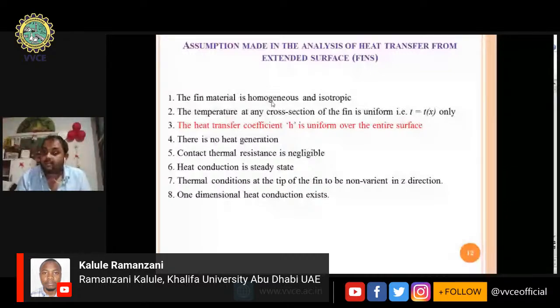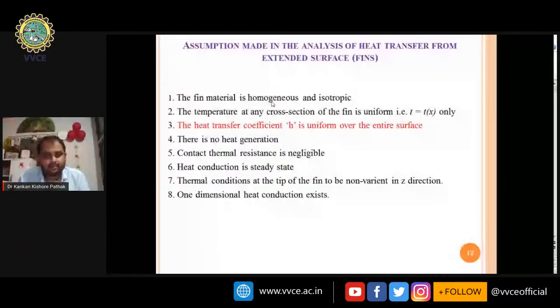But in practical experiments it is not like that, because the heat transfer coefficient will be an outcome of numerical studies. So sometimes, because of assuming it is constant over the entire surface, the analytical results are inferior to the numerical analysis.